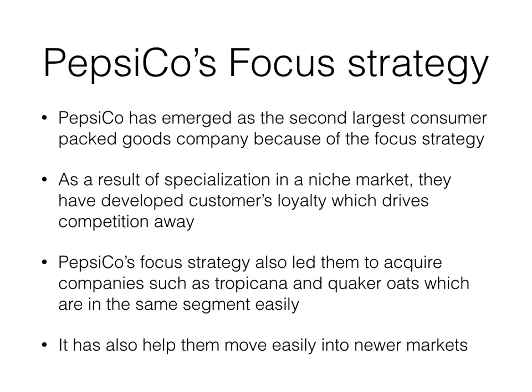So they were able to acquire and integrate those companies within the overall processes of PepsiCo easily. It has also helped them to move into newer markets because they have the customer base and the customer loyalty. They were able to explore new markets and easily enter and become successful in those markets.